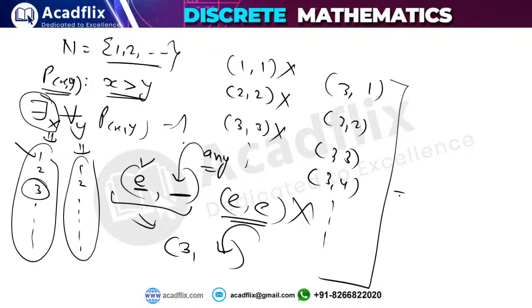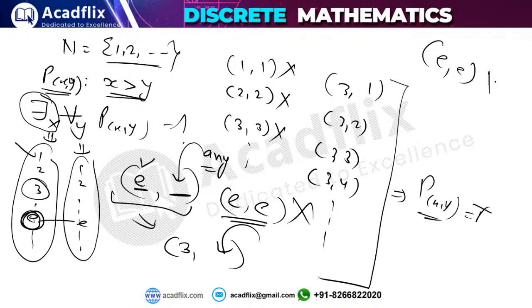For all these pairs P(x, y) must be true. So you can see, for this example you cannot find any such value, because whatever value e you fix here, the pair e comma e will not satisfy P(x, y).